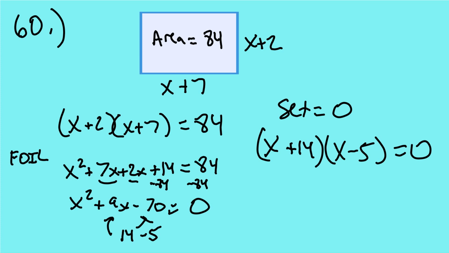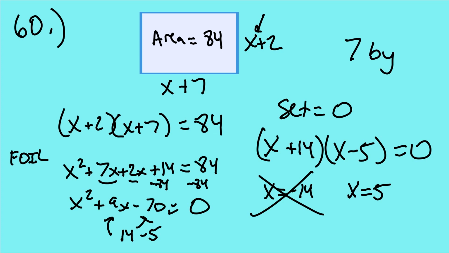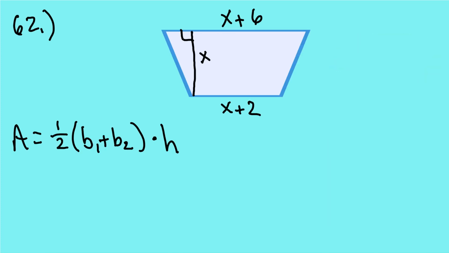Now that my parentheses equals 0, I can say x equals negative 14, x equals 5. Now I cross off x equals negative 14 because if I plug in negative 14 right there, it doesn't make it possible. So I plug in 5 and my dimensions become 7 by 12. And that's it.